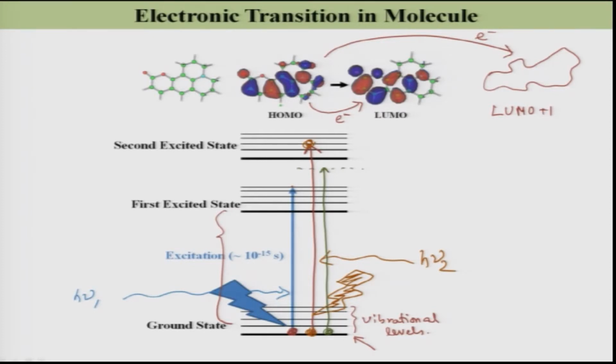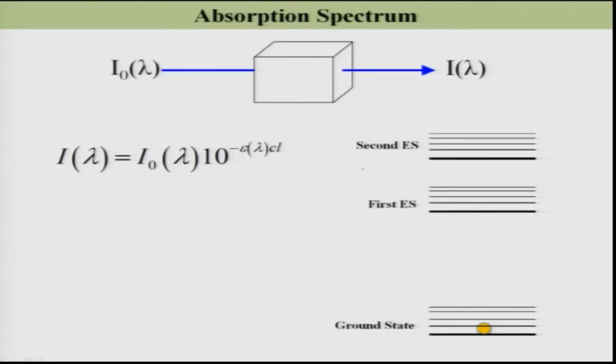So, if I scan the frequency or the wavelength for this molecule, I am going to see different peaks. That is what we measure as the absorption spectra of the molecule. Basically, I have to scan the wavelength.